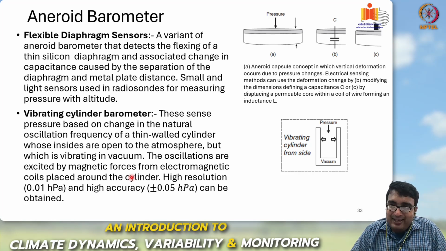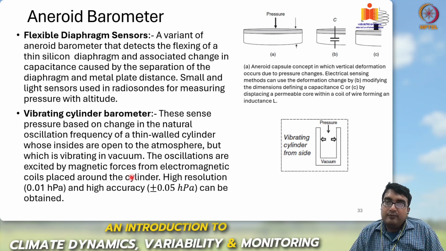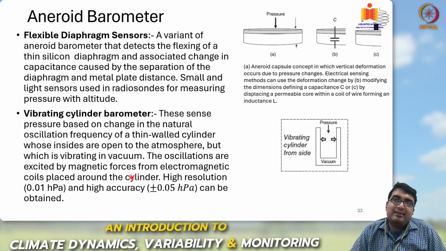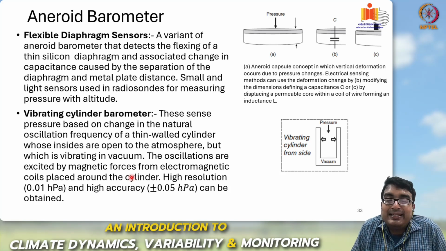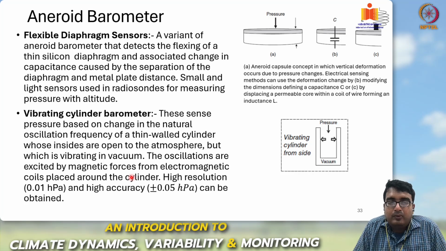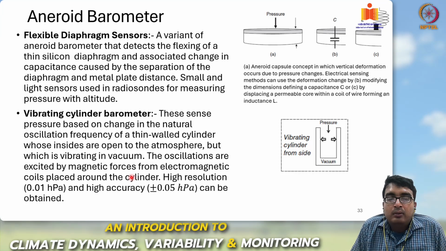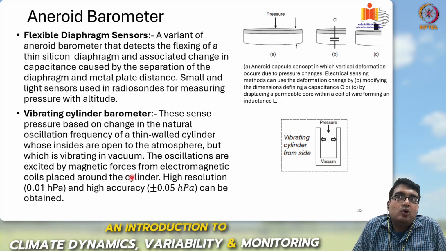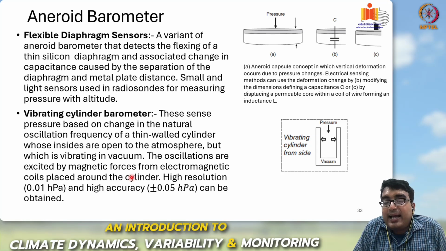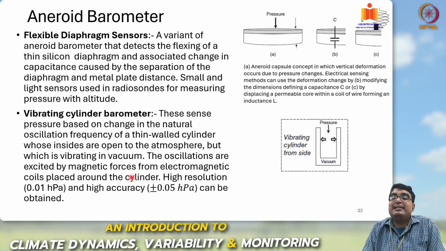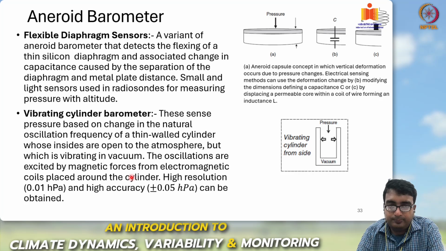So we can get a relationship between the vibration frequency and the pressure inside the cylinder. High resolution of 0.01 hectopascals and high accuracy of plus or minus 0.05 hectopascals can be obtained by the vibrating cylinder barometer system.